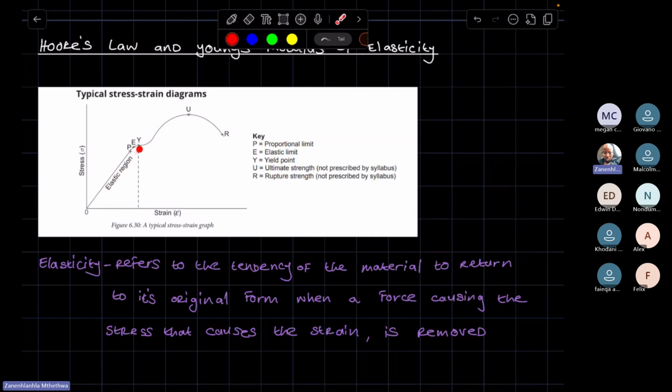Remember Hooke's law, as much as it says that stress is directly proportional to strain, it also states that only if the material is still elastic, and the material is only elastic in this part of the graph.